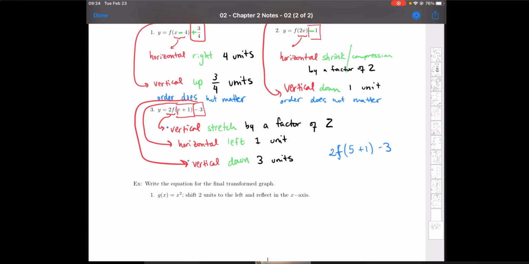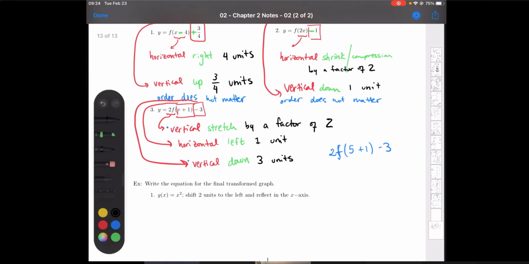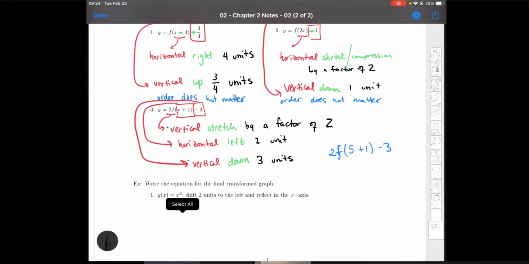How would you calculate this thing if we can actually get an honest to goodness number for f of 5 plus 1? What would be your first step in the calculation of this thing? Add numbers in the parentheses. Inside the parentheses, good. So we would add this together first, giving us the 6.